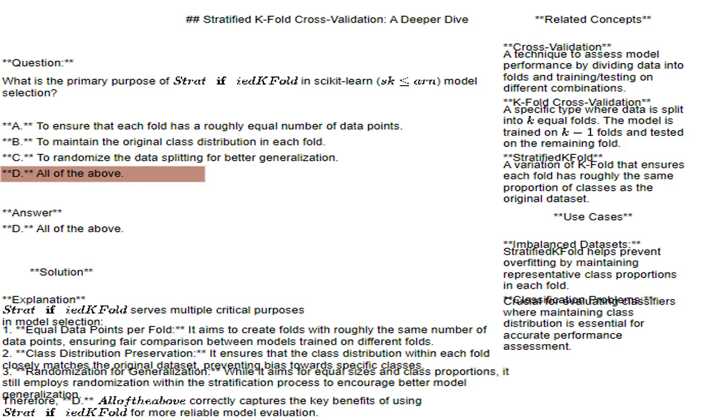Examples: training a credit risk assessment model on a dataset of loan applications, where the proportion of defaults should be preserved in each fold to avoid bias; evaluating a customer churn prediction model by maintaining the original churn rate in each fold to ensure accurate performance assessment; assessing the performance of a medical diagnosis model by ensuring that each fold contains the same ratio of healthy and diseased patients, preventing biased evaluations.